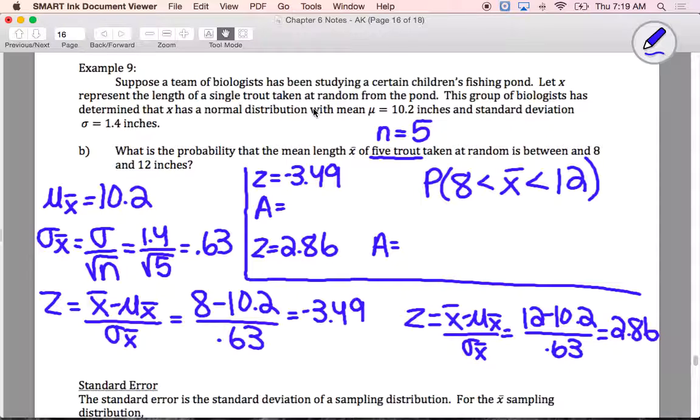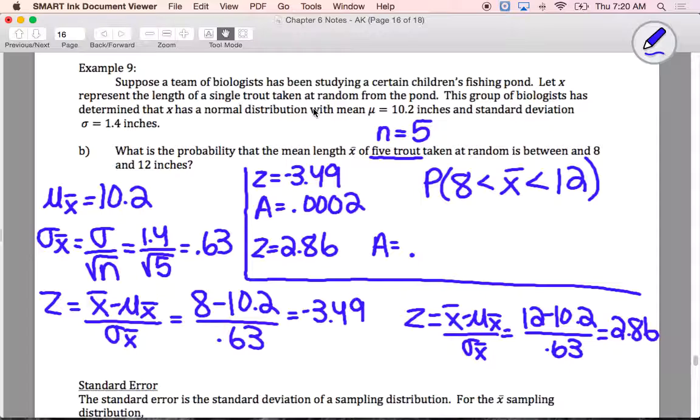So again, you are going to your table just like we've done before. Look for negative 3.4 for your z, and then go all the way over to the 0.09 column. When you do that, you'll see 0.0002. Now we need 2.86. So go to 2.8 for the z and go over to the 0.06 column.